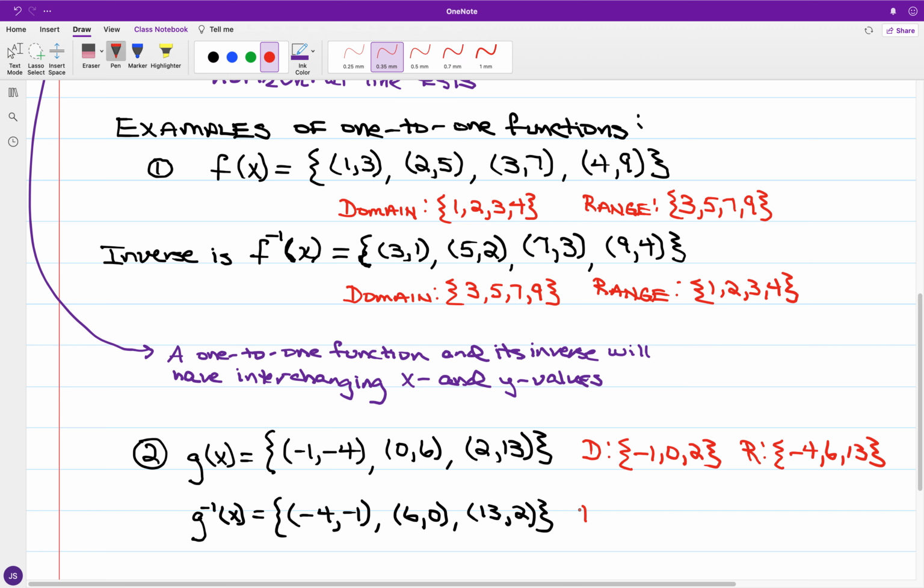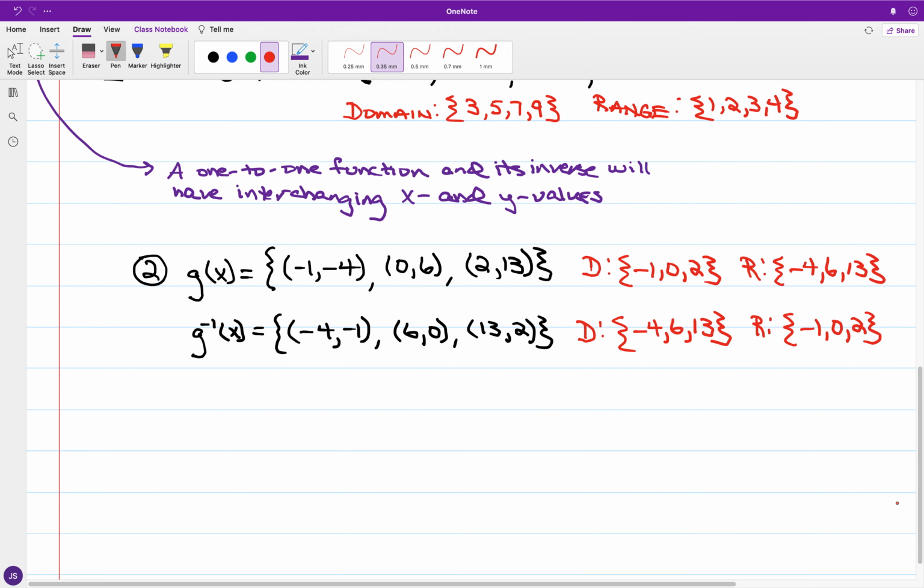And for the domain, again, we're now going to have -4, 6, and 13. And for the range, again, that will be -1, 0, and 2. All right, so we're looking at these items through the prism of ordered pairs.